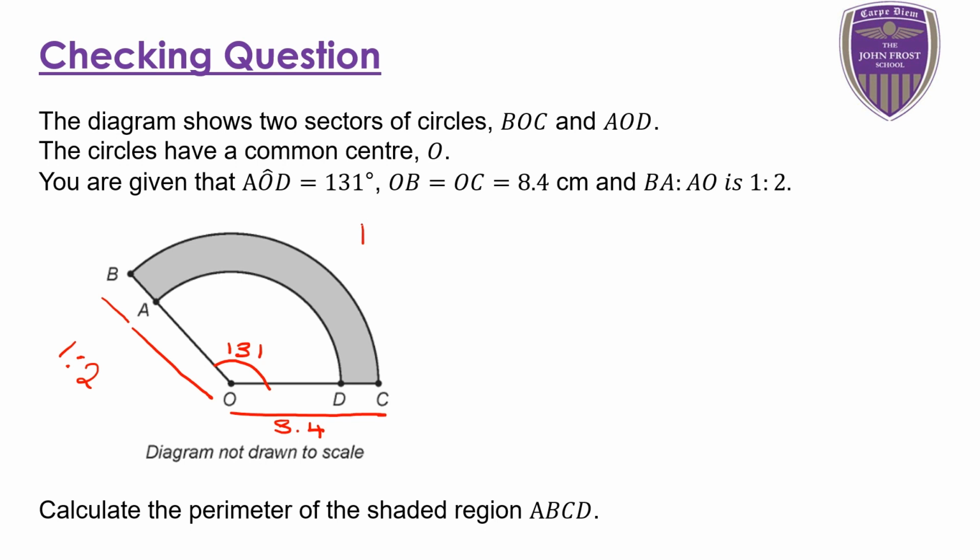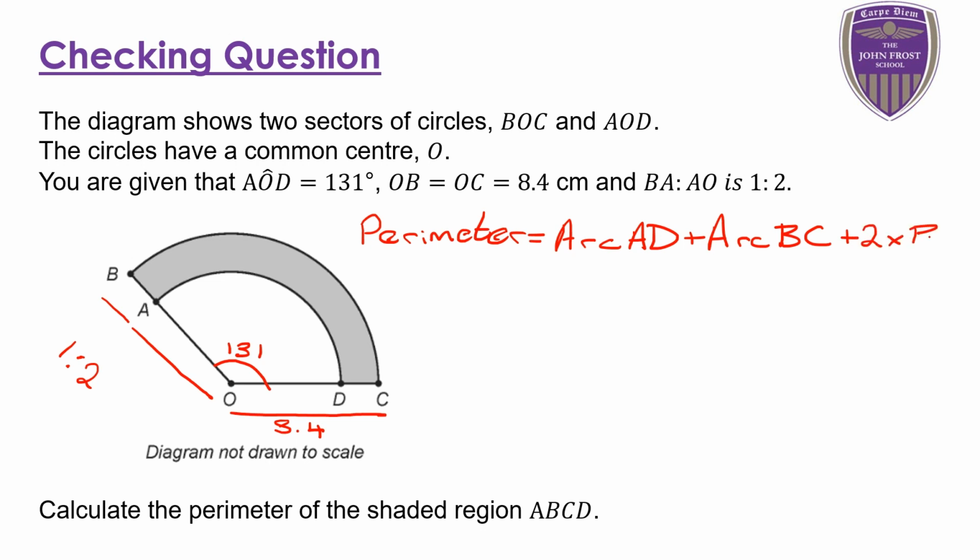So to work out the perimeter, if we just look at what we need to work out the final answer, we need the arc AD, we need the arc BC, and we also need 2 times BA.